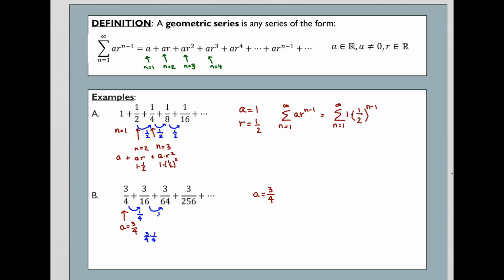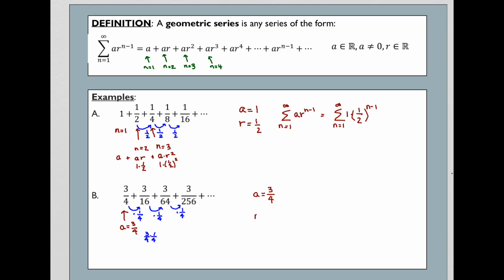If it's a geometric series, then each term thereafter will come from the previous one by multiplying by 1/4. So 3 over 64 is 3/16 times 1/4. The next one, 3 over 256, is 3 over 64 times 1/4. Absolutely. So r in this example is 1/4.